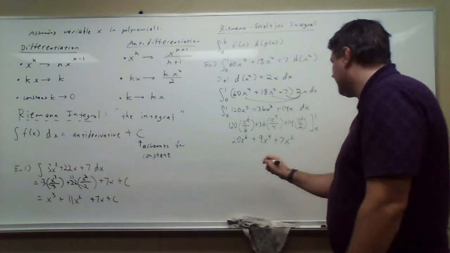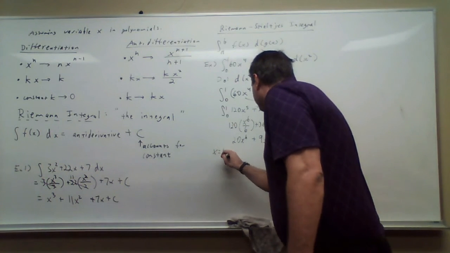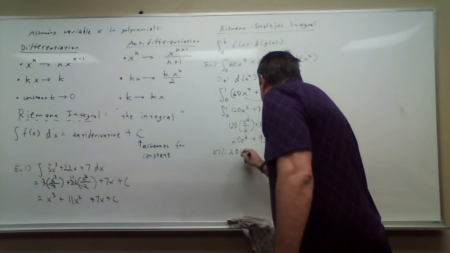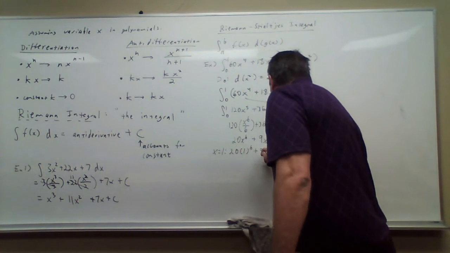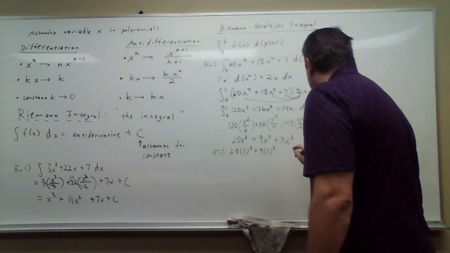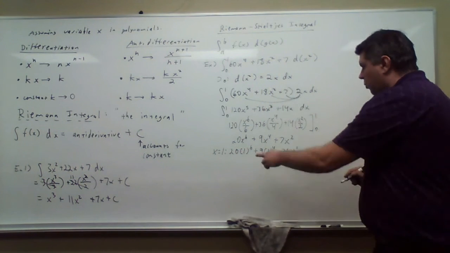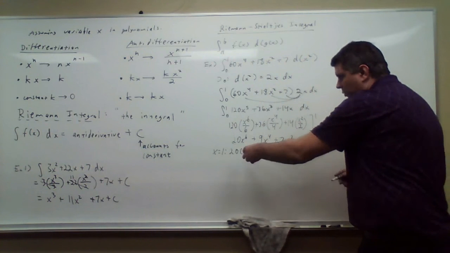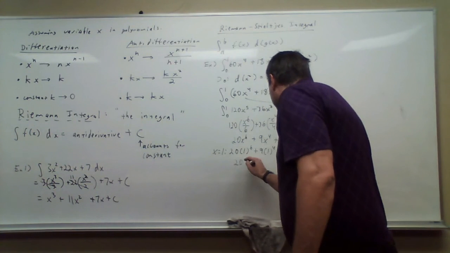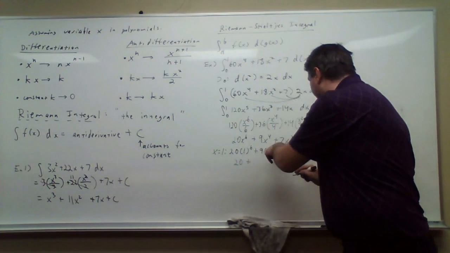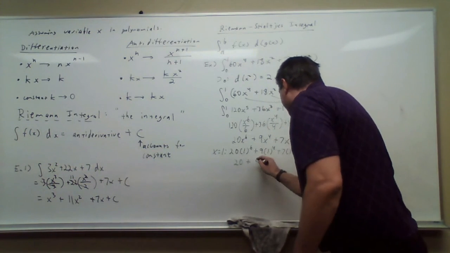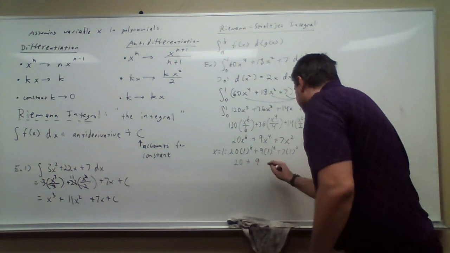Okay, so at x we'll plug in 1, so this will be 20 times 1 to the 6th plus 9 times 1 to the 4th plus 7 times 1 squared. So 1 to the 6th is just 1 times 20 is 20. 1 to the 4th is 1 times 9 is 9. 1 squared is 1 times 7 is 7.